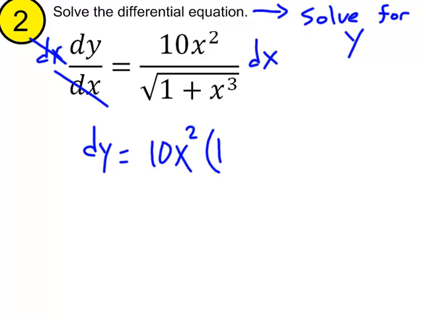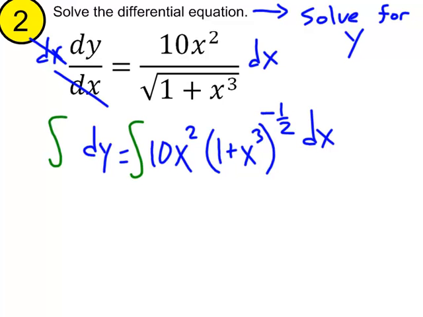Let's write 1 plus x cubed, and the square root means it's raised to the 1/2 power, and the fact that it's in a denominator means that it's negative 1/2 power. And we've got that dx here. And integrating both sides of the equation, let's put a little implied 1 there.